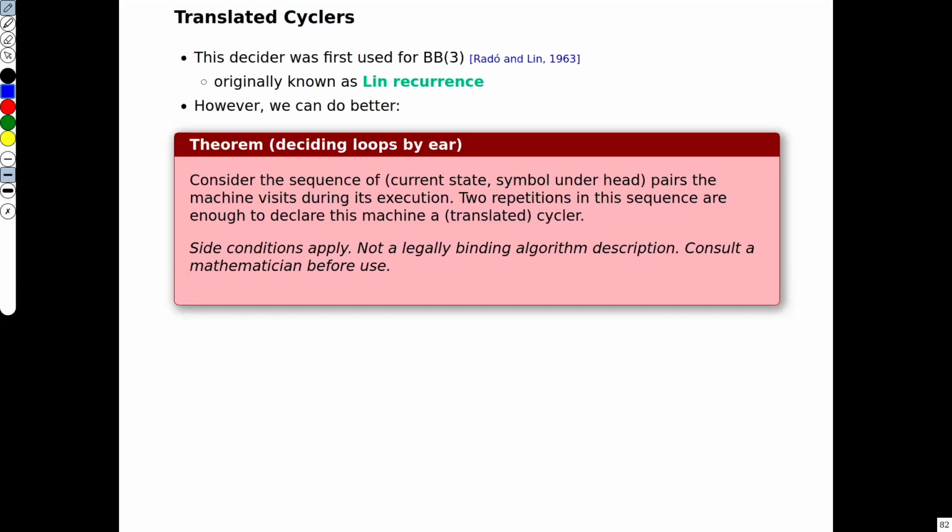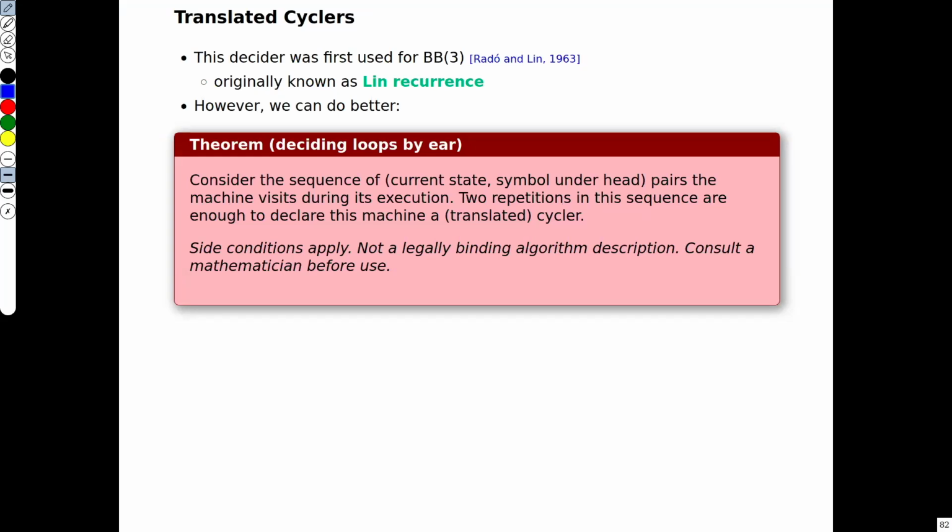that's enough to prove that the machine entered a cycle if you get a twice repeating section of the sequence. Now, side conditions apply, like about the length and about where the machine is on the tape. You can say that a few equivalent ways, but this is the general idea, and I think it's a very surprising and beautiful fact.